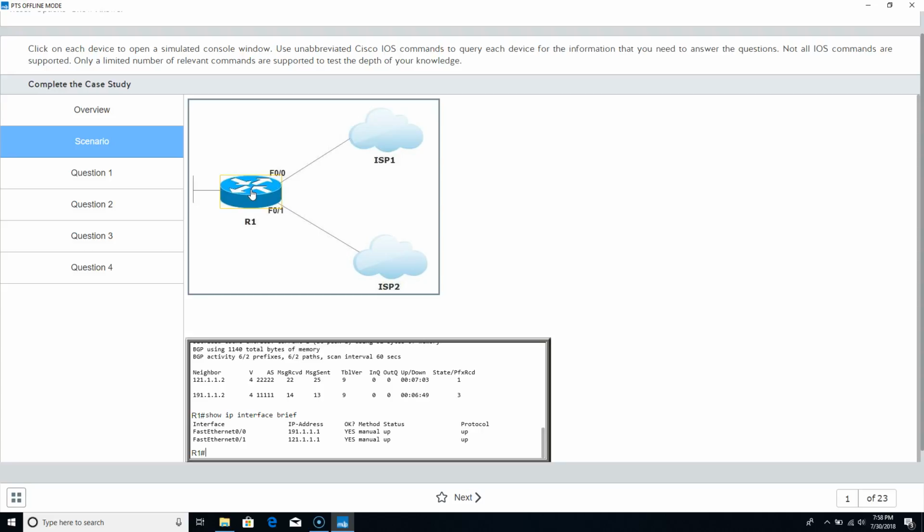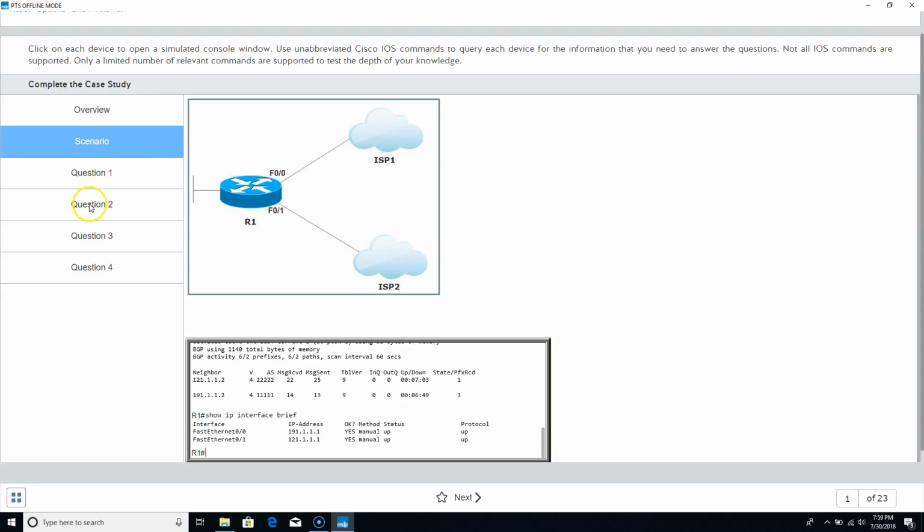So FA0/0 is 191, FA0/1 is 121. This is Ethernet, right?